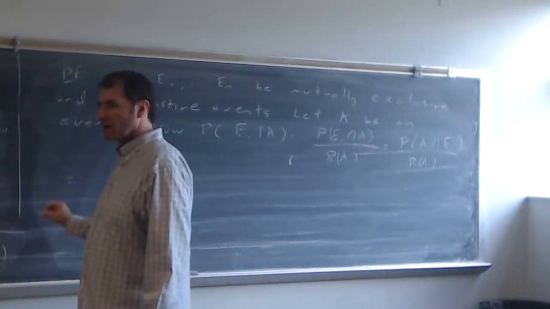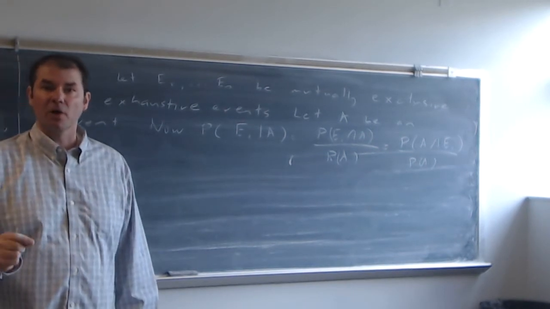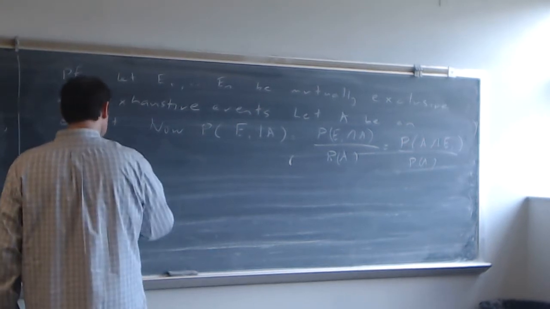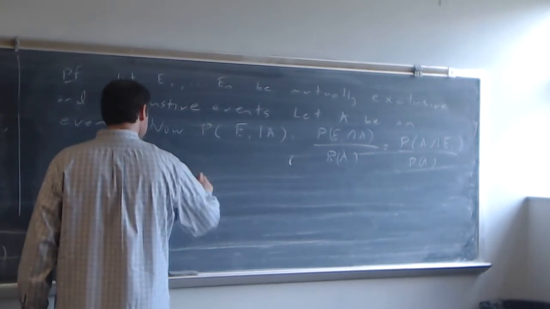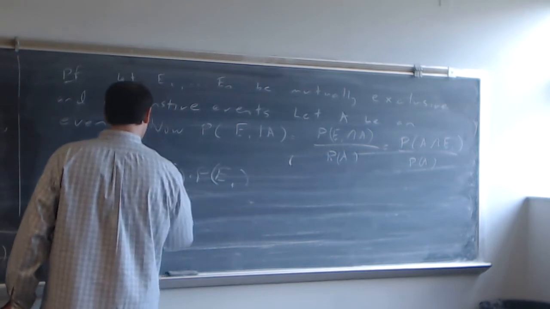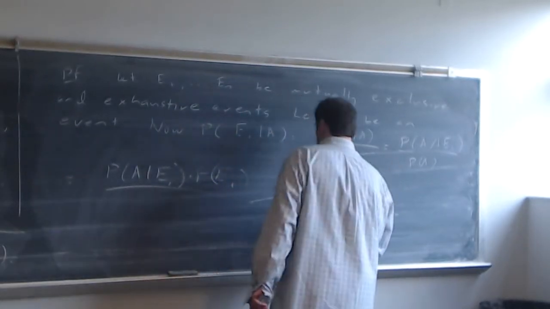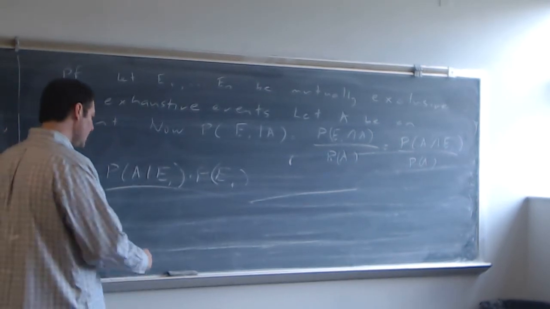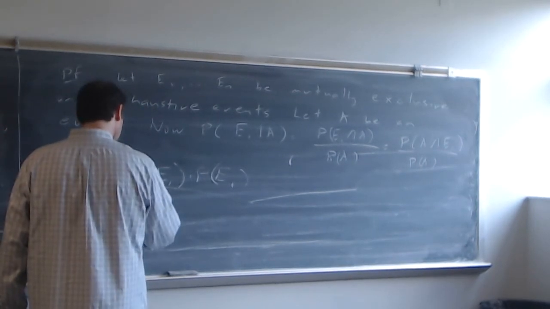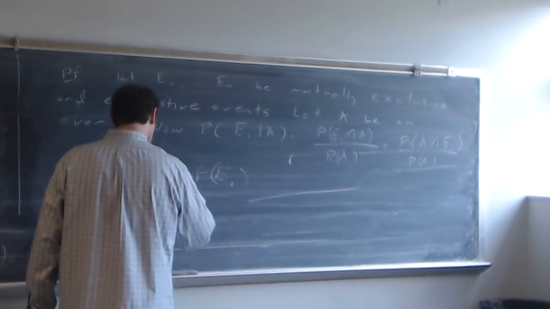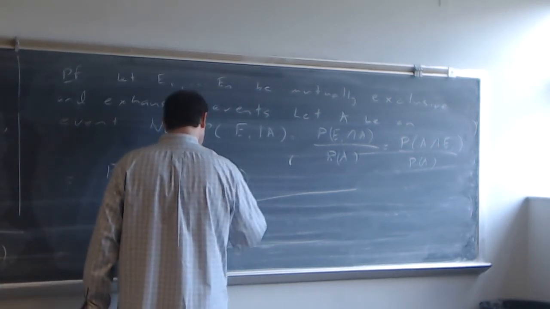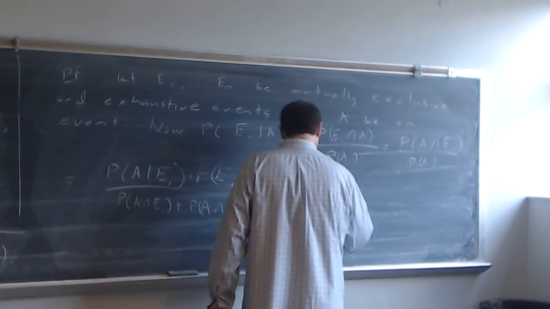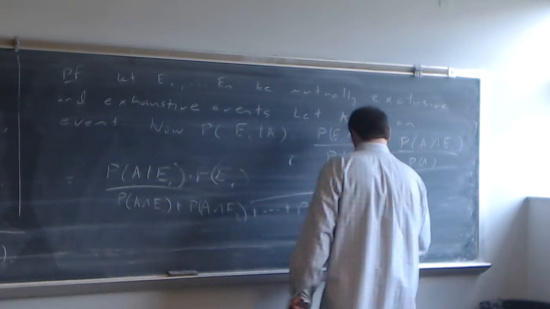Now, using that fact that we started today's lecture recalling, the top can be rewritten as probability of A given E1 times the probability of E1, all over the bottom. Using the total law of probability with these mutually exclusive and exhaustive events, the bottom is the probability of A intersect E1 plus the probability of A intersect E2 plus, and keep going all the way up to the probability of A intersect En.